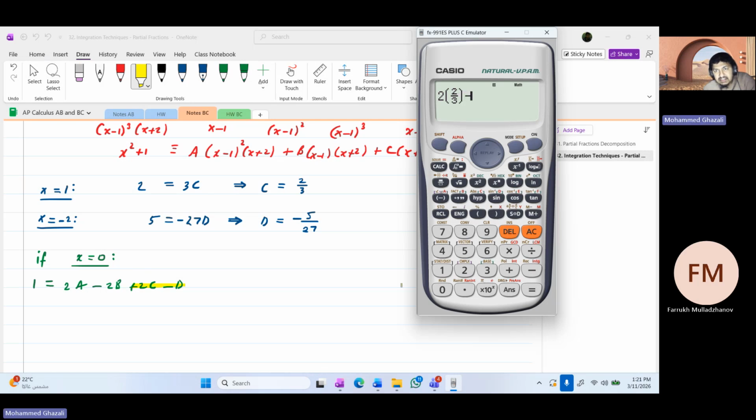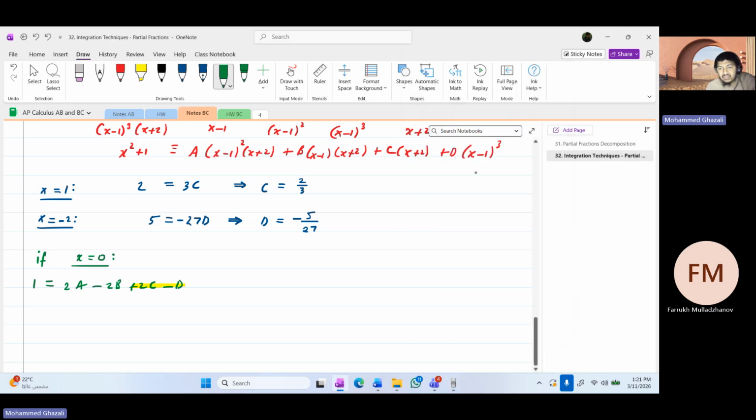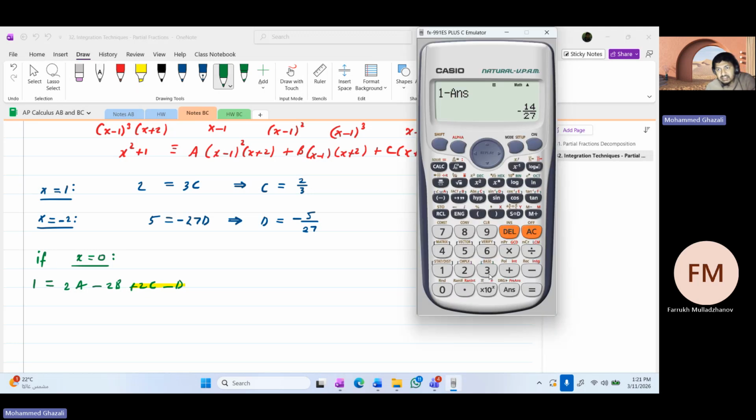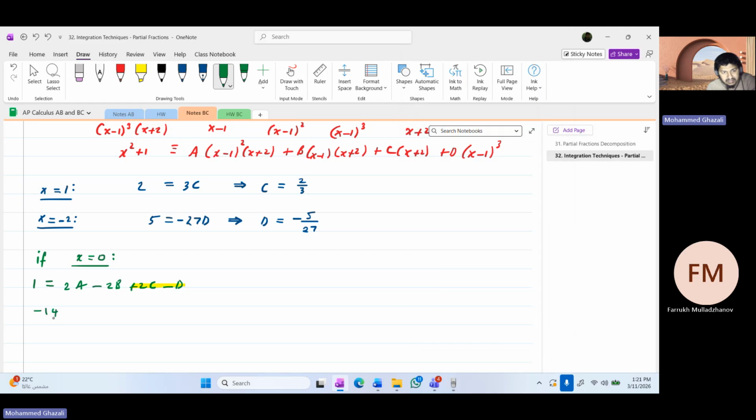Minus D is minus 5 over 27. So the answer I'm getting is 41 over 27, and I need to take 1 minus 41 over 27. So 1 minus the answer, because I need to take this to the other side. So I'm getting an answer which is -14 over 27. -14 over 27 is equal to 2A minus 2B.